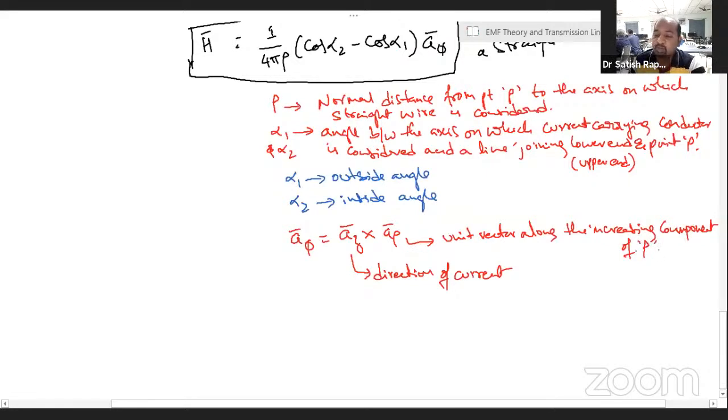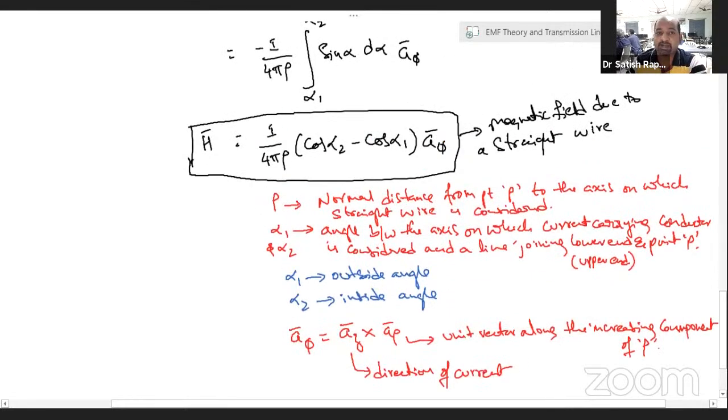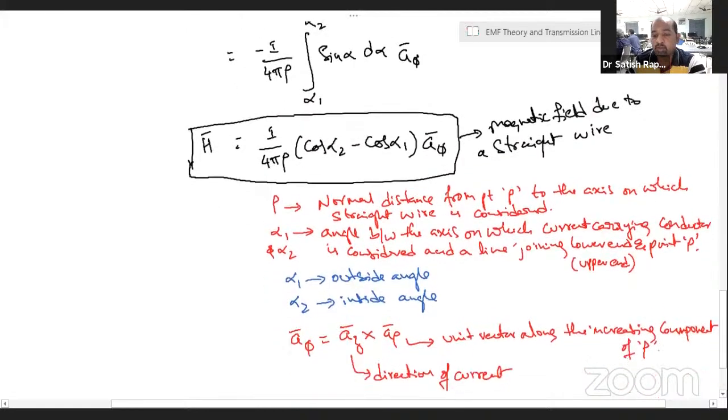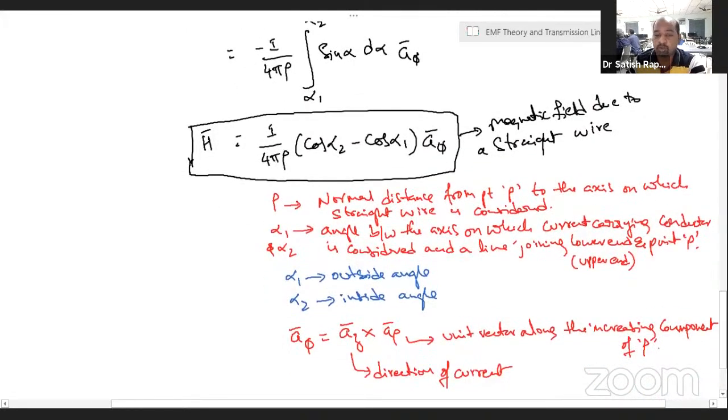Rho is the normal distance, right? So you have to remember these points very clearly, right? So rho is, as we know, the normal distance from point P.